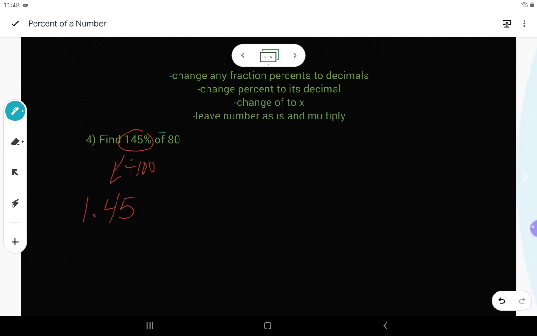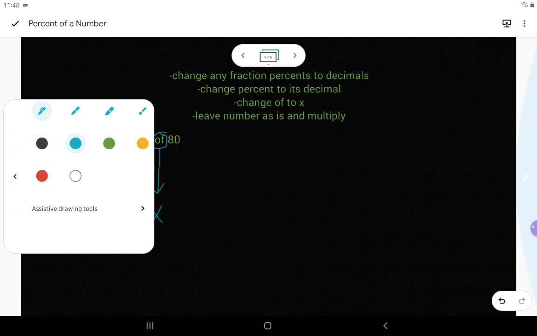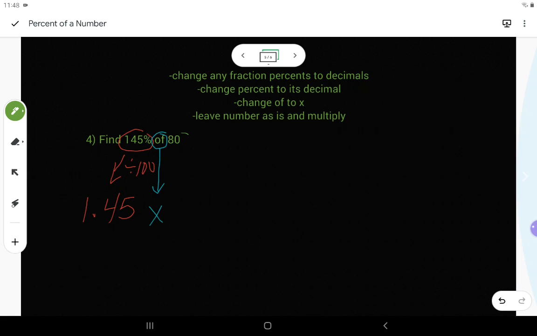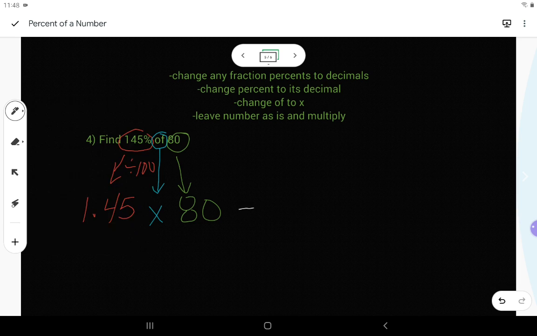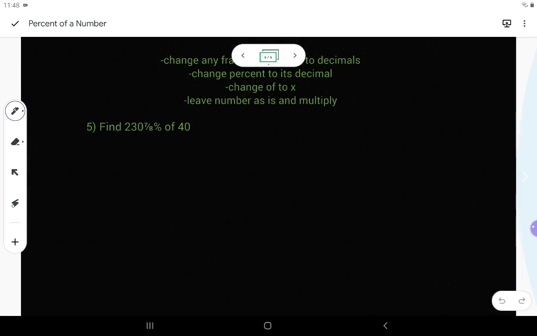Then I'm going to get rid of that of, and change it into a multiplication symbol, because of in math means multiply, and I'm going to keep the 80 as an 80. 1.45 times 80 ends up giving us 116.